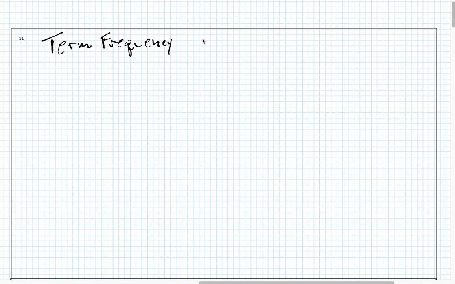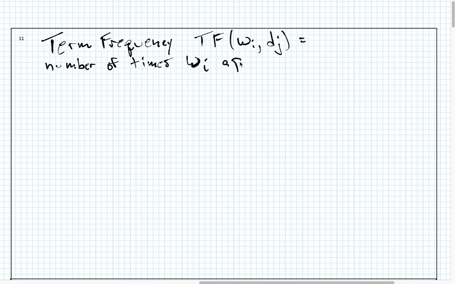The notation that we use here is, you'll sometimes see, the term frequency of W sub I, comma, D sub J, and that is equal to the number of times W sub I appeared in document D sub J. So notice this is an internal measure. I write this in capital letters for emphasis.